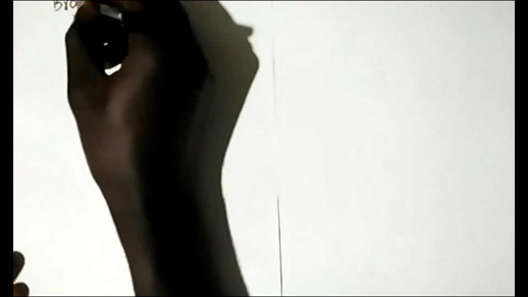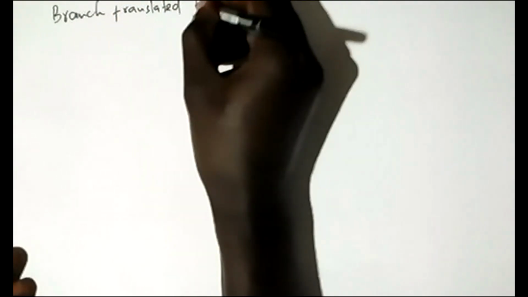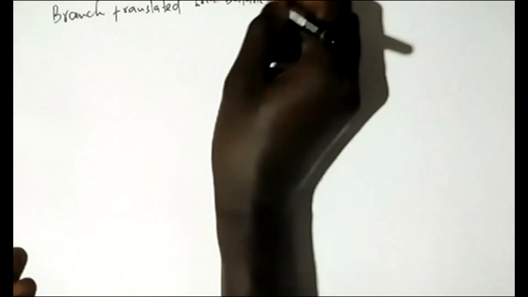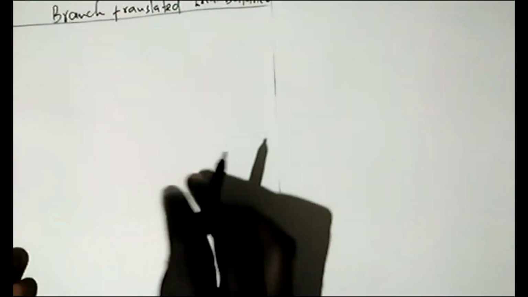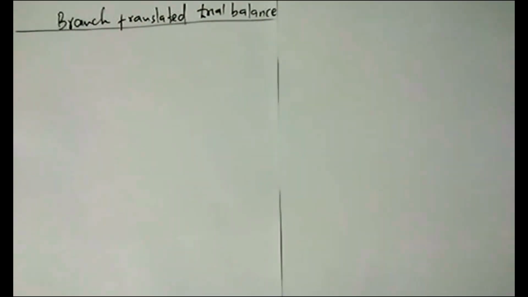So we have here the branch translated trial balance. For the branch translated trial balance, remember that we will be translating the overseas branch, whose currency is milli.